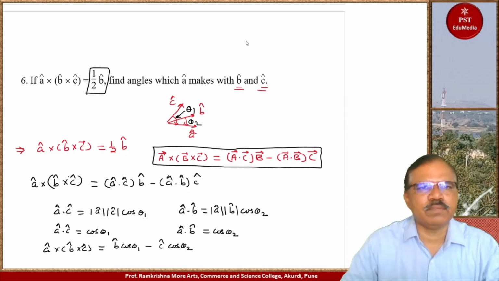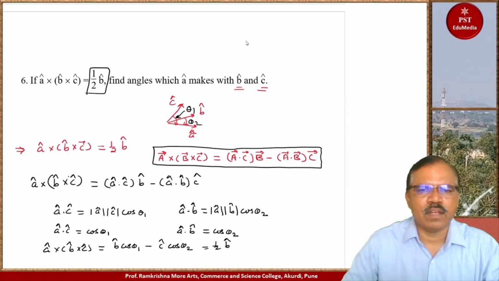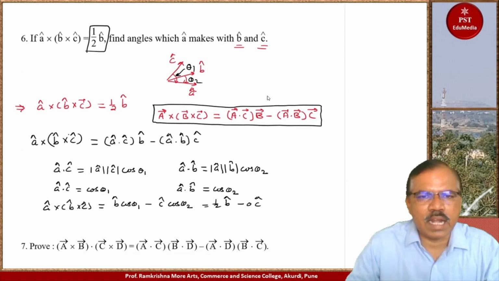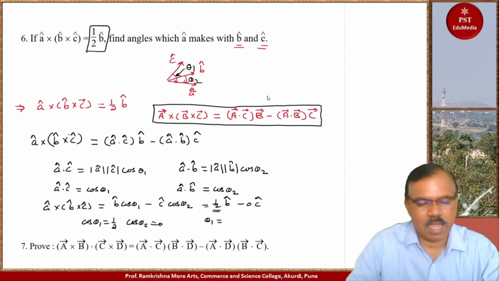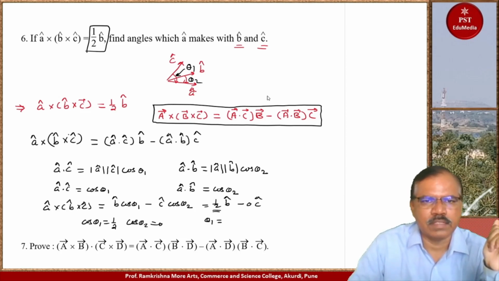This is equal to 1 half unit vector B. Now I can write minus 0 unit vector C. So see here, cos theta 2 is 0, and cos theta 1 is 1 half, the coefficient of B. So theta 1 is equal to cos inverse 1 half. Cos inverse 1 half is 60 degree, pi by 3. And cos theta 2 is 0 means theta 2 is 90 degree.